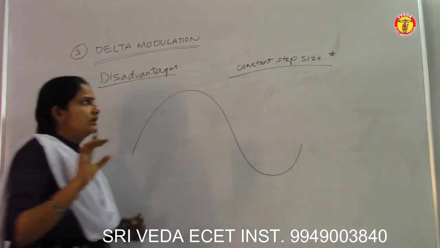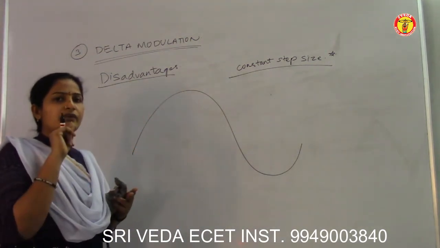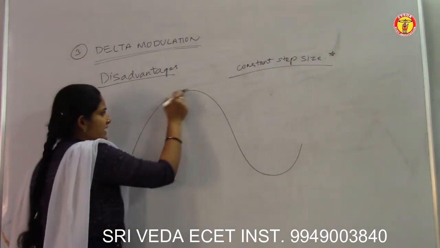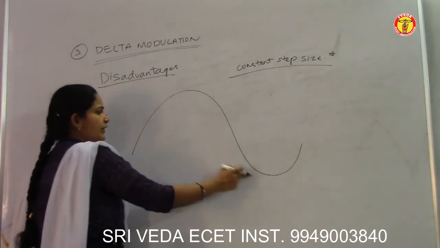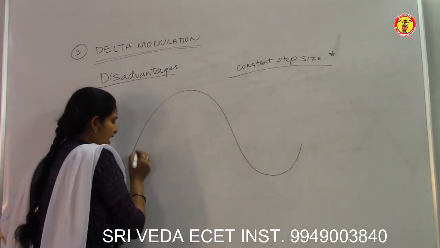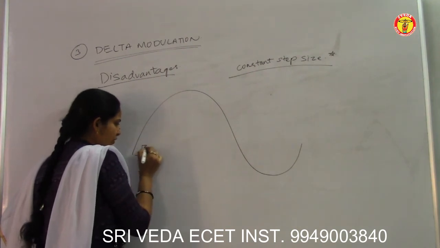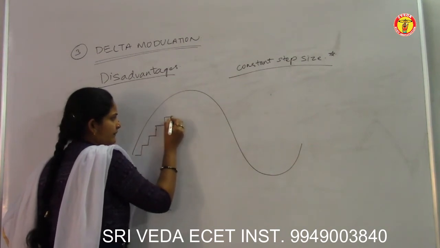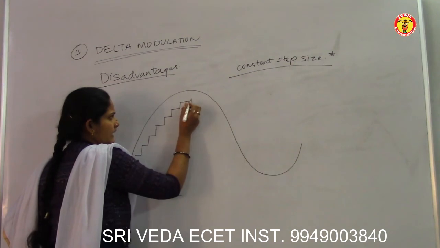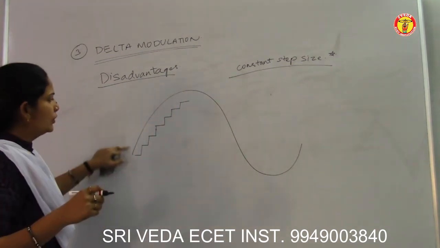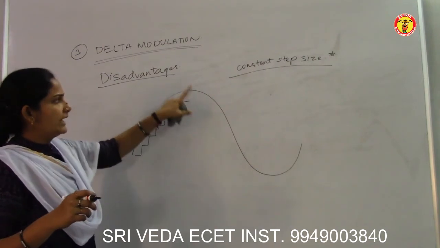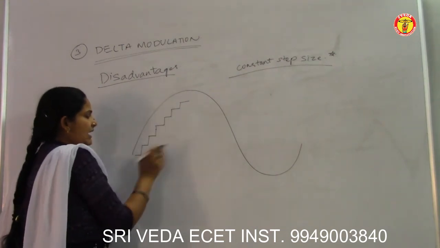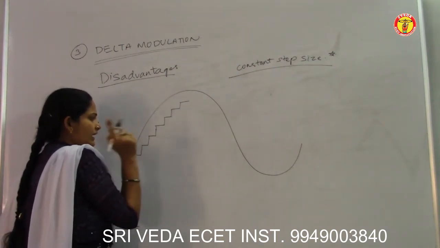You have to remember this: the step size is constant and it uses only one quantizer. So even though the amplitude of the analog signal is increasing rapidly, my step size is constant, meaning it increases just one step only. It is not able to follow the amplitude or slope of my analog signal perfectly. Even though the amplitude is increasing rapidly, my staircase is increasing by one step size only.